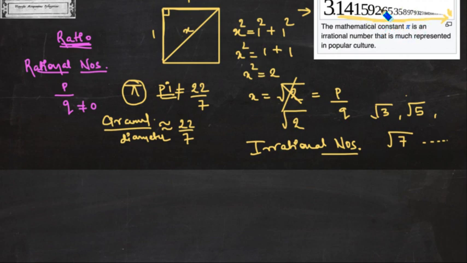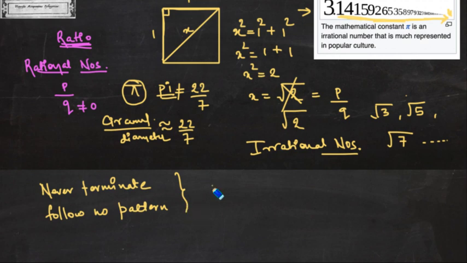So this is another way to identify irrational numbers. If you see any decimal representation that never terminates and follows no pattern, then such numbers would be irrational.